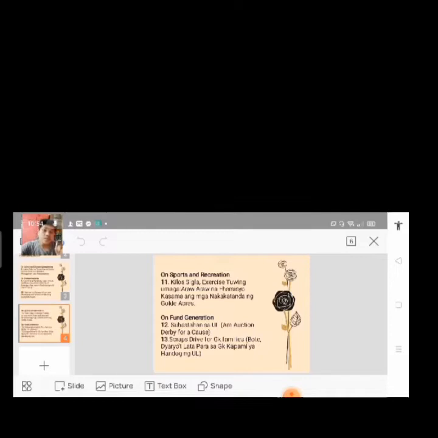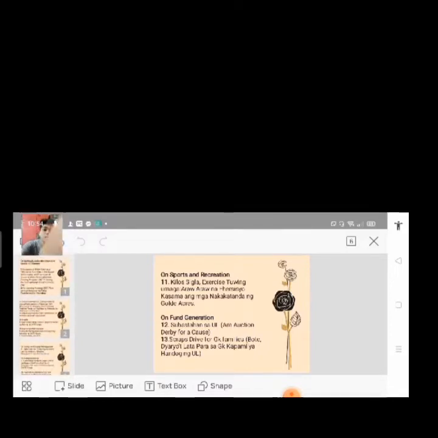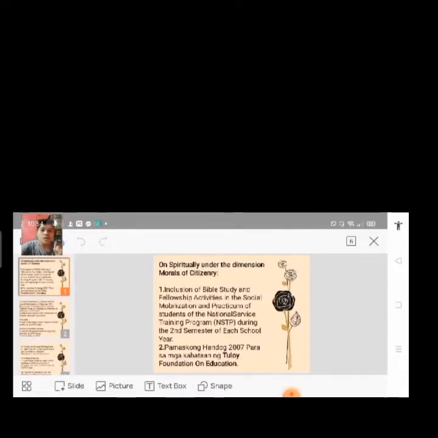So balik ta sa atong topic on the spiritual under the moral dimension of citizenry. When we say moral, it is the principle of right and wrong. So those activities that were mentioned will help students to do good and increase their moral dimension.